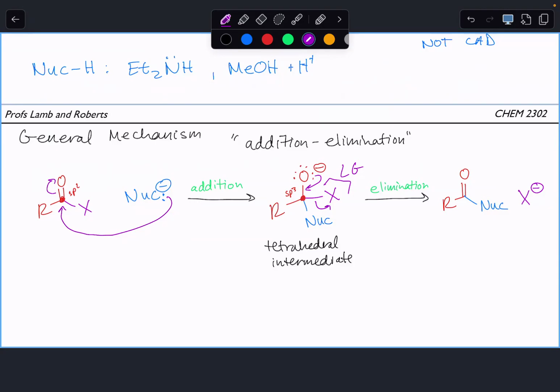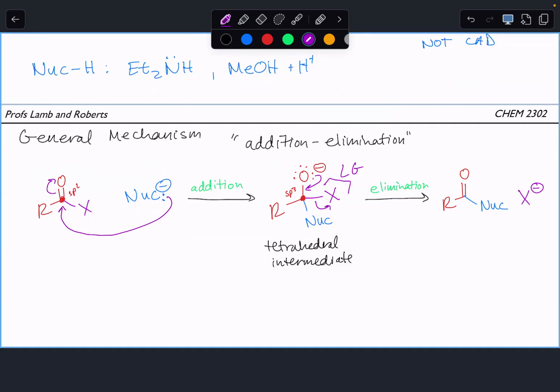That's the general mechanism that every reaction is going to have. Nucleophile attacks the carboxylic acid derivative, forms a tetrahedral intermediate, collapse the tetrahedral intermediate, leaving group leaves. Okay? Those 2 steps are going to exist in every single reaction. Every single nucleophilic acyl substitution has those 2 steps. The only ones that kind of are on top of that are proton transfers.